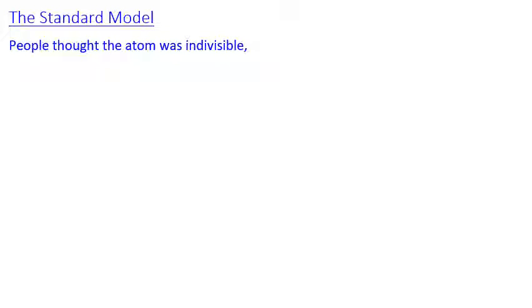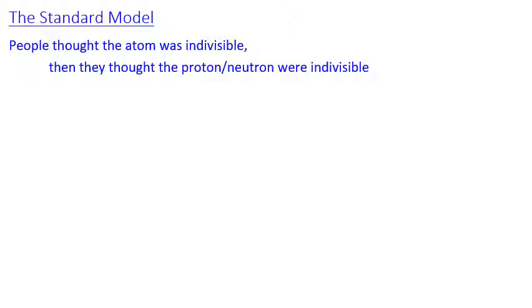So where we're heading is what physicists call the standard model, sometimes called the most tested theory in all of human existence. This stems from the fact that people originally thought the atom was indivisible. Then we decided it wasn't. We found protons and electrons and later neutrons.